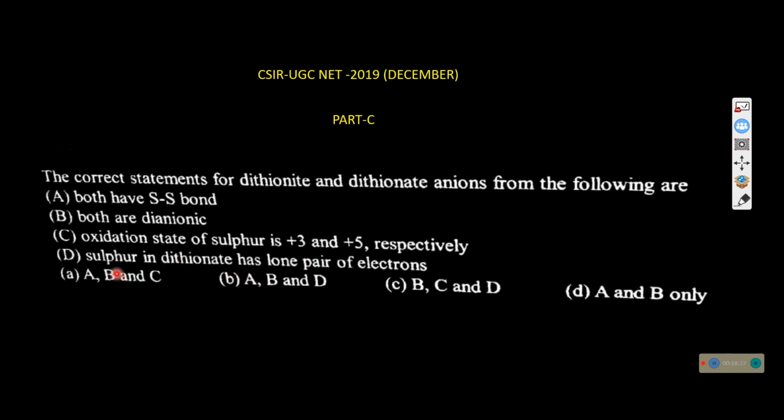They say that sulfur in dithionate has a lone pair of electrons, so it is a wrong answer. If they said sulfur in dithionite has a lone pair of electrons, then it would be correct. But they said dithionate. In dithionate or dithionic acid, there is no lone pair of electrons on the sulfur atom. So only options A, B, C are correct. So the option A is correct.